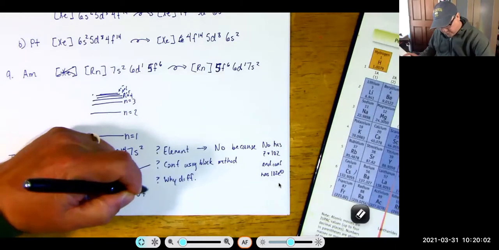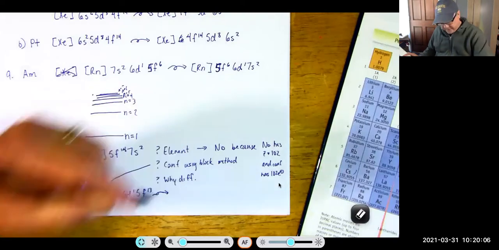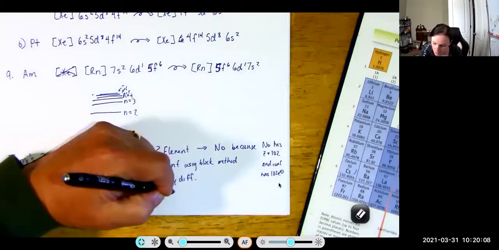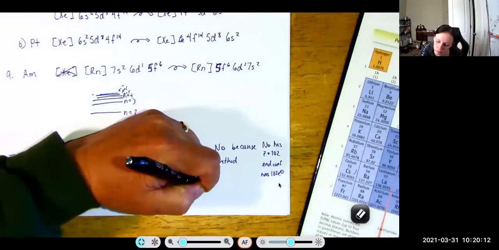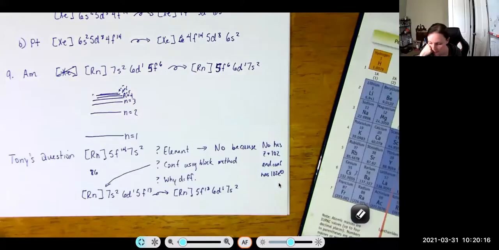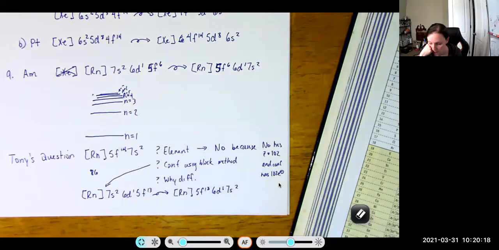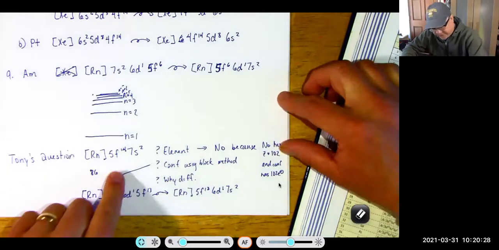Okay, and then when you rearrange it, as you always should, 5f13 6d1 7s2. Okay, so that's what you should get. Why are they different? And here I'm going to draw this 5f14 and 7s2.